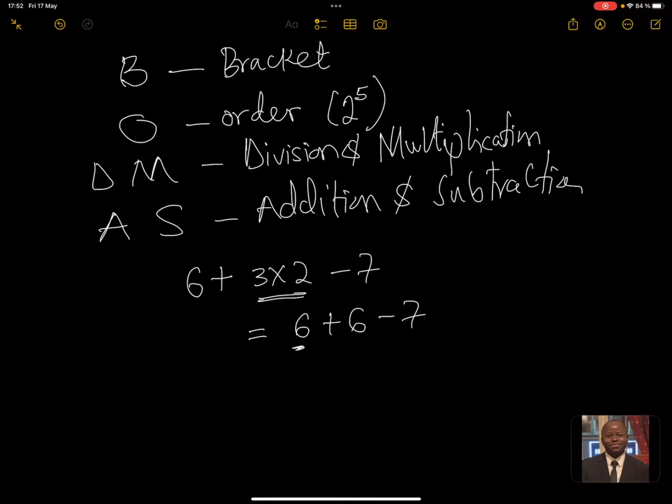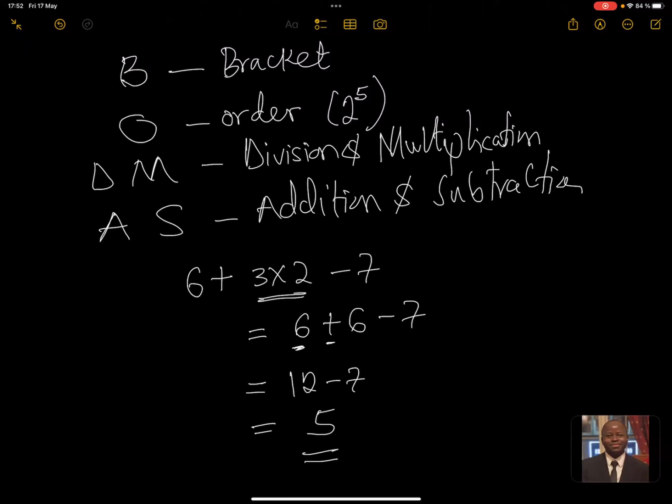When you are moving from left to right, which of them do you see? From here, I can see addition. That means I'm going to add first. So 6 plus 6 will give me 12. Then minus 7. So 12 minus 7 is what? Is 5. Oh, bravo. Somebody actually told us the answer is 5.